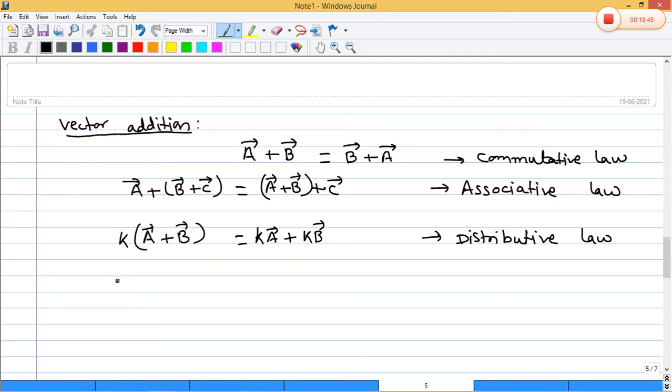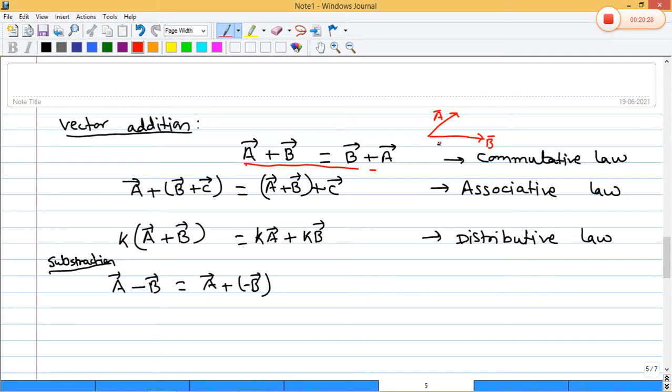Subtraction means A minus B, which is nothing but addition: A plus of minus B. If vector A is this and vector B is this, we add them and the resultant goes to this form, C vector.